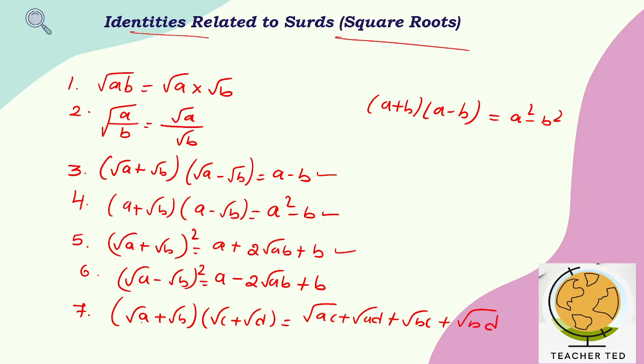Very similar. You multiply this with this, the squares get cancelled and it will become AC, and root A into root D, according to this identity, is root AD. Like this, you need to identify. There are several identities related to the square roots. Very simple to analyze and understand.